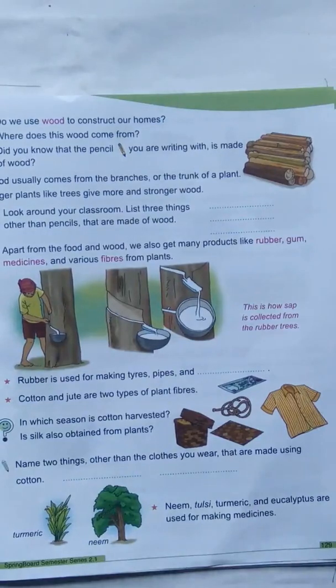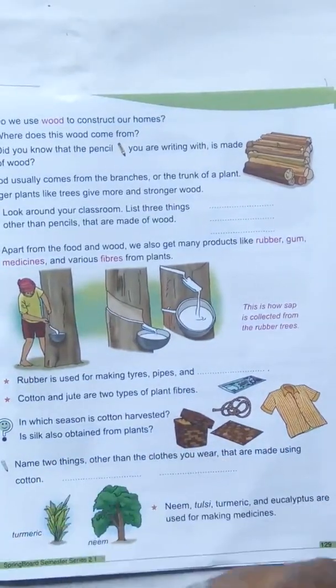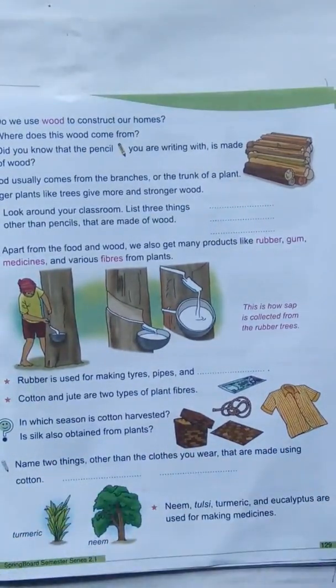Did you know that the pencil you are writing with is made of wood? Yes or no? Yes, it is made of wood. Wood usually comes from the branches or trunk of a plant. Okay, bigger plants like trees give more and stronger wood.